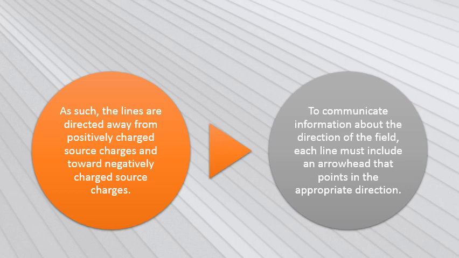To communicate information about the direction of the field, each line must include an arrowhead that points in the appropriate direction. So just by viewing the arrows, you can check what charge is there, whether it is positive or negative.